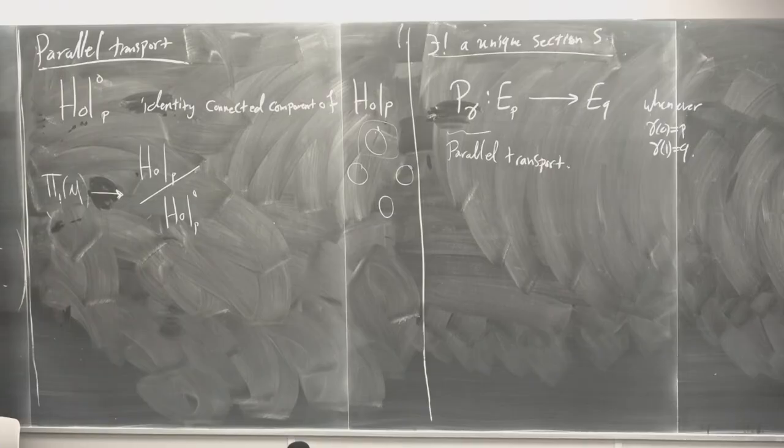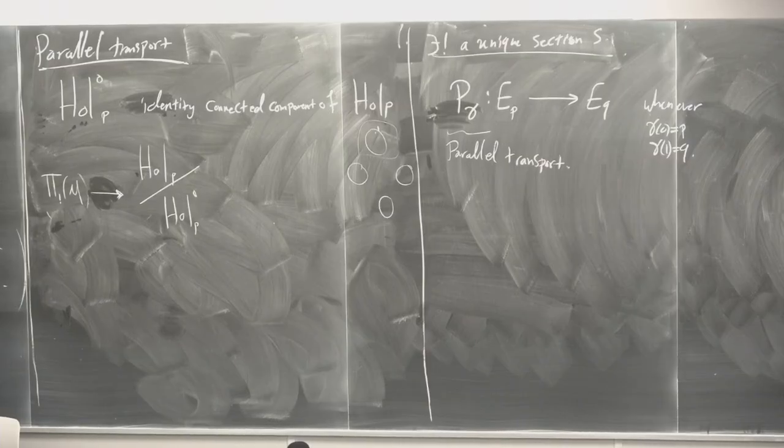Okay, this would probably be a really stupid question, but why is it generally not connected? Because I can't imagine, if Hol P is just all the maps P gamma, how would we ever disconnect? How are we not connected? So, one very easy case is if the manifold itself is disconnected. Oh, right, yeah, you're right. Yeah, I didn't think about that.